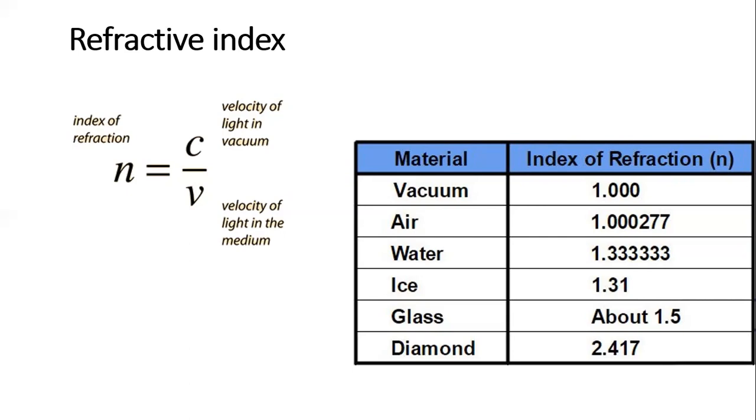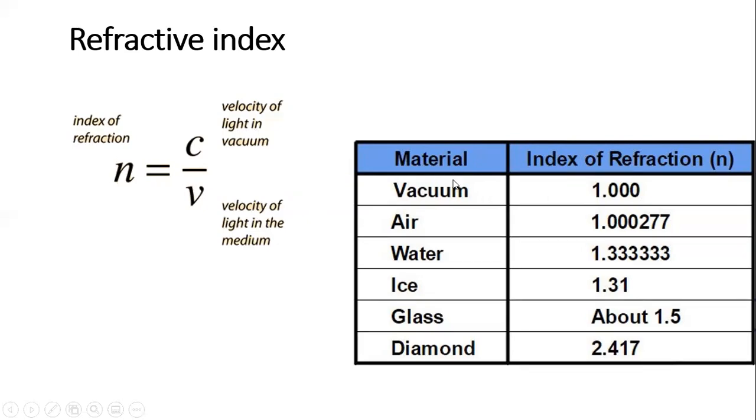Since the velocity of light decreases when it moves from vacuum to a medium, v, the velocity of light in the medium, will always be less than c, the velocity of light in vacuum, right? That's why the value of n will always be greater than 1.